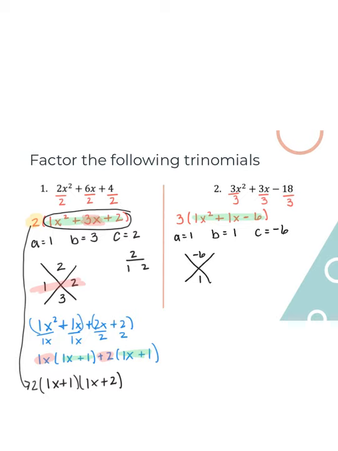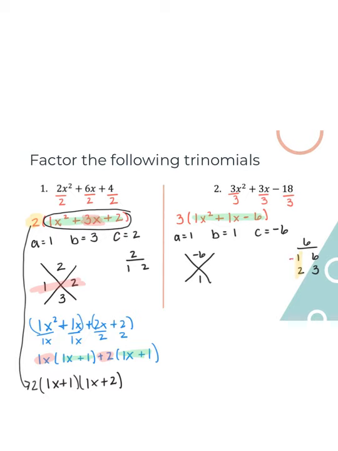Okay, so now I'm thinking of all that goes into 6. So I know 1 times 6, and I know 2 times 3. Okay, because the negative 6 is a negative and the 1 is positive, that means that our lower number is going to be the negative.